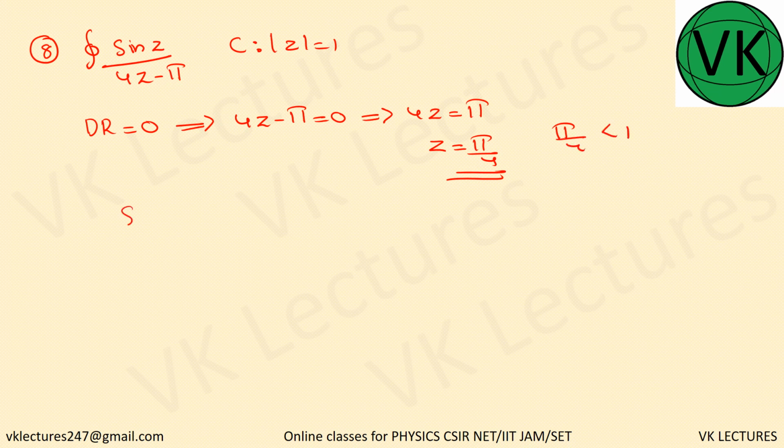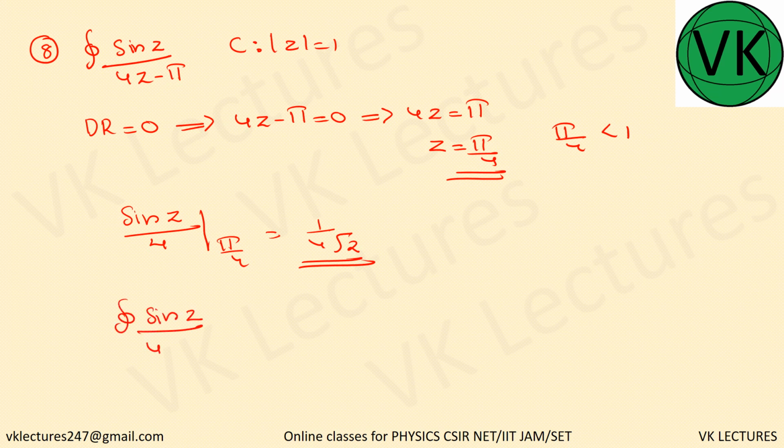So the point lies inside, so sin z divided by 4 at pi by 4 is equal to 1 by 4 root 2. So the closed integral, by residue, is equal to 2 pi i into 1 by 4 root 2, that is equal to pi i divided by 2 root 2.